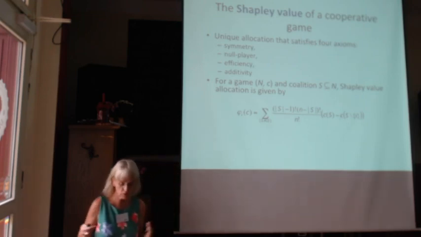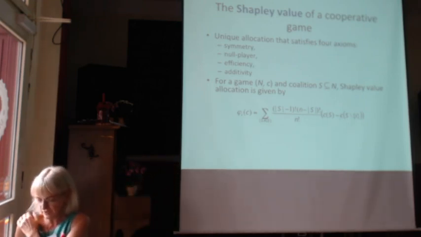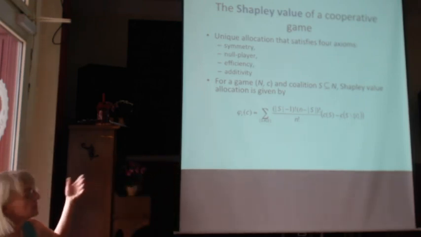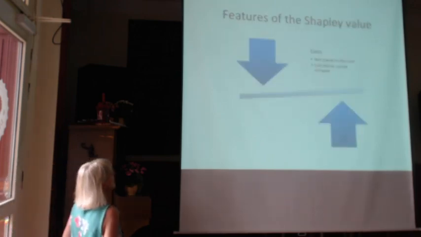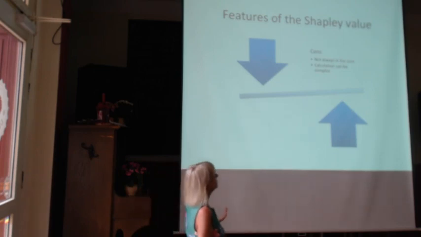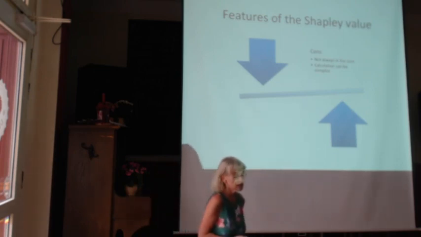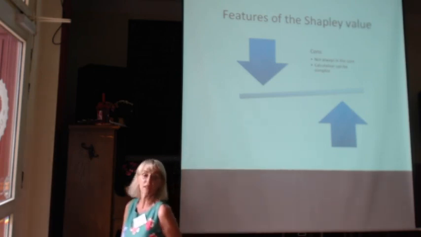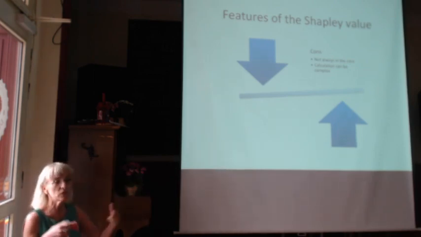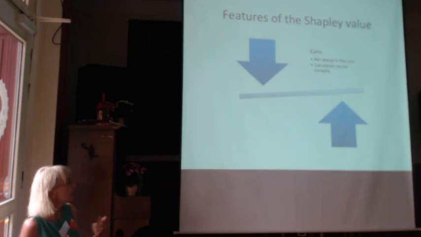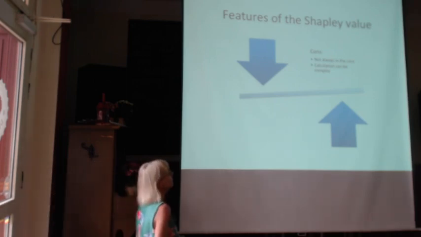So clearly, when we were looking at how to allocate things, the first thing coming from game theory is that the Shapley value would be a good candidate for something like this. Some of the cons of using the Shapley value are that in general it doesn't have to belong to the core, and calculation can be difficult. When we look at larger sets of players, it may not be the most practical thing to do, so we may want to look at some approximations.